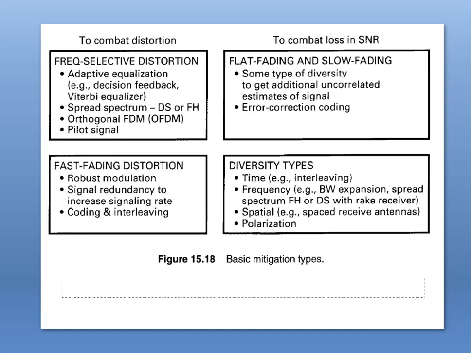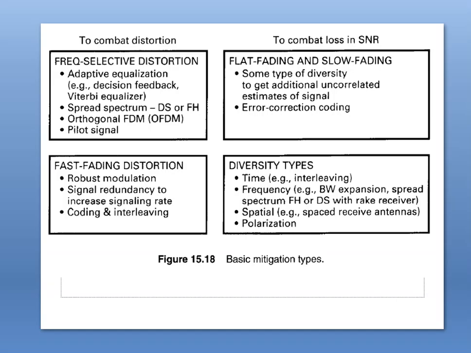In adaptive equalization, decision feedback and variable equalizers are used. And the second one, spread spectrum. In spread spectrum, we are supposed to use direct sequence spread spectrum or frequency hopping spread spectrum. We'll learn in future videos. And third one is orthogonal FDM. Next one is the pilot signal.